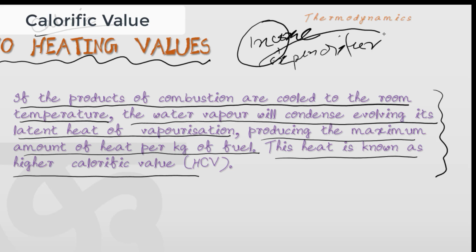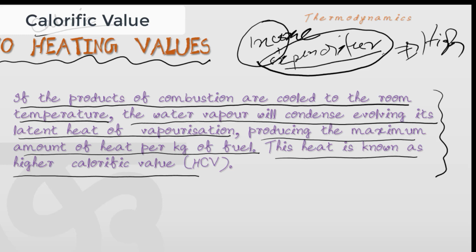Now, if you do not consider the expenditure, then you will get that your income is high, because you are not considering the expenditure component of the income. For any business, income involves expenditure. So if we do not consider this expenditure, then we will get a higher value, the higher calorific value.